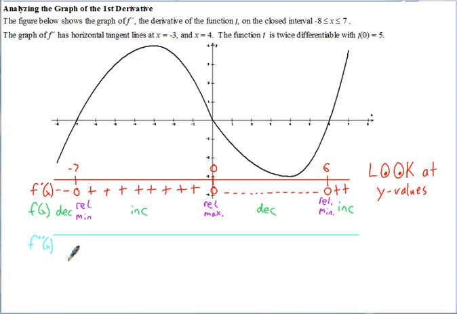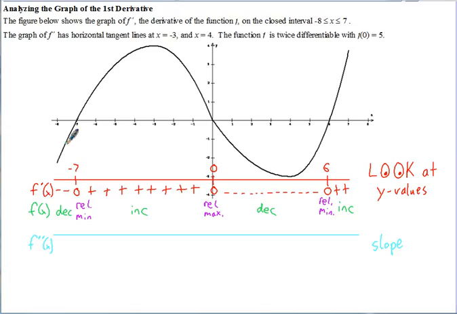But now when we're looking at the second derivative, we don't have the graph of the second derivative. We have the graph of the first derivative. So you just have to remember, how does the second derivative relate to the graph of the first derivative? Well, the second derivative represents the slope of the first derivative. So that's what we're going to have to look at here, the slope of the first derivative. That'll give us what the second derivative is.